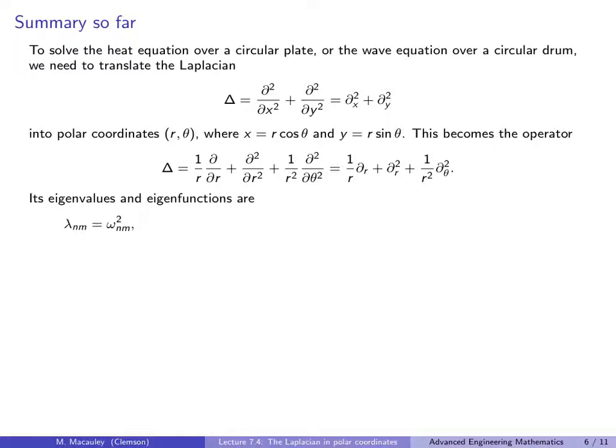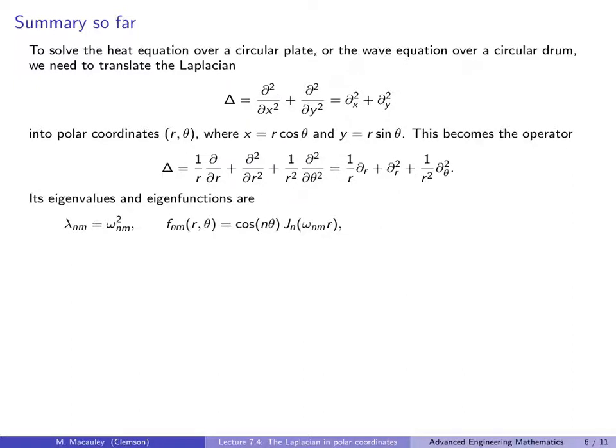And we saw that the following is an eigenfunction: an cosine of n theta plus bn sine of n theta times Jn of omega nm r. So if this is an eigenfunction, we can break these into 2 different eigenfunctions. One of them is cosine times this Bessel function, and the other one is sine times the Bessel function.